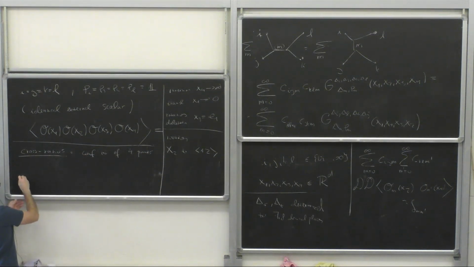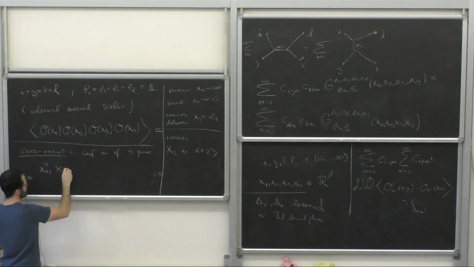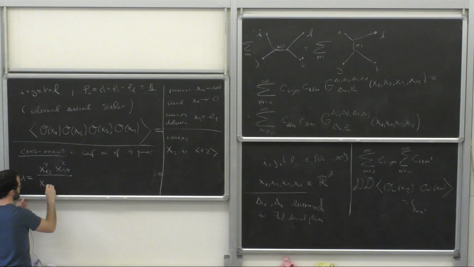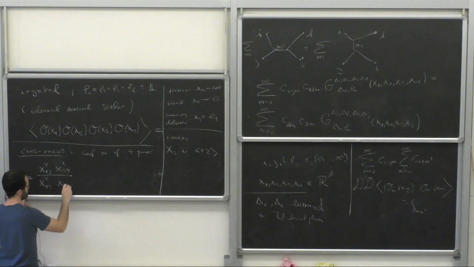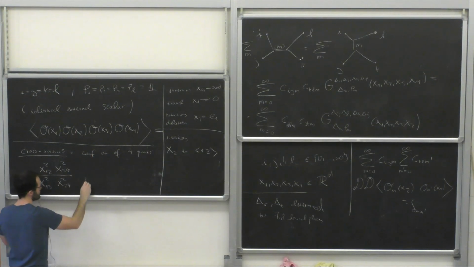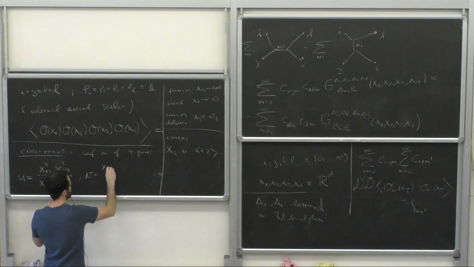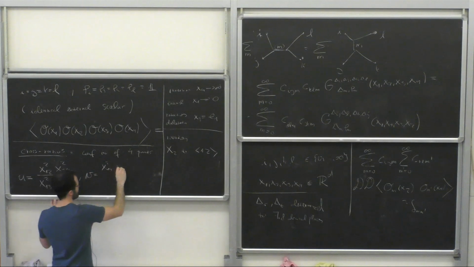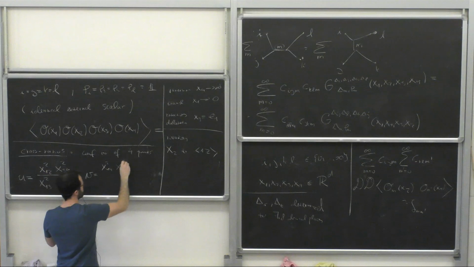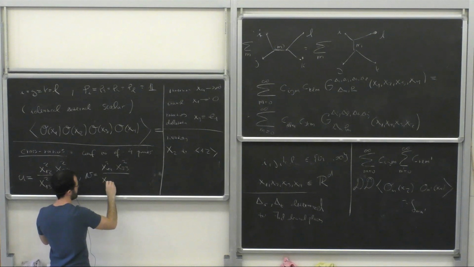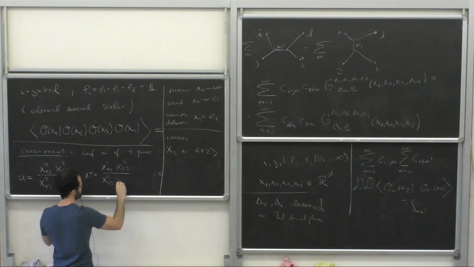And they are usually called u and v. They take the following form. So this is u. Let me first write it. Now x14, let's say, x23 squared, x13 squared, x24 squared.